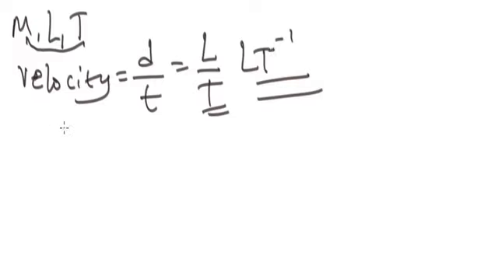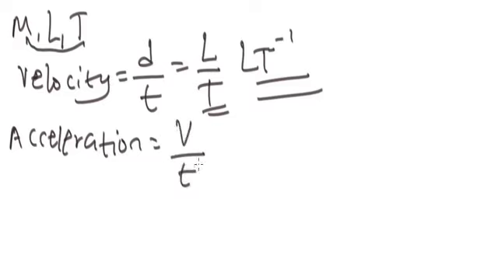Now let's look at another example. What if we are asked to find the dimension of acceleration? Acceleration is calculated using velocity over time. You know velocity is length over time, so this time around we have two times in this expression.